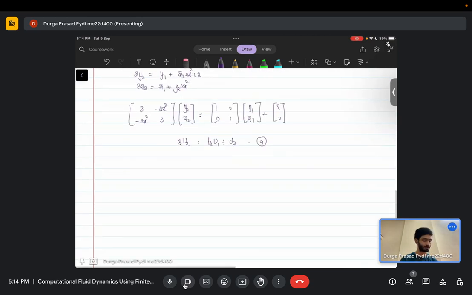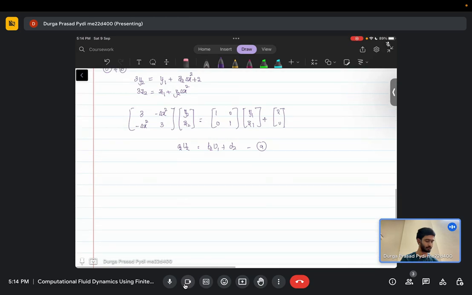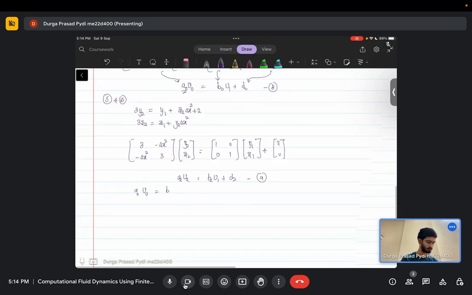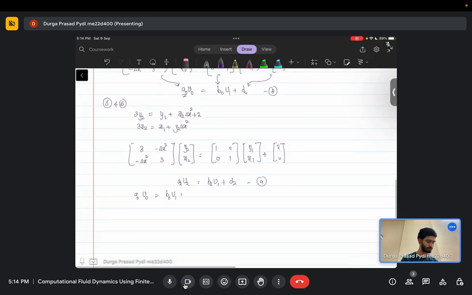Now we have equations 7, 8, 9 of our standard form: a0 u0 equals b0 u1 plus d0, then a1 u1 equals b1 u2 plus c1 u0 plus d1, and the last equation a2 u2 equals b2 u1 plus d2. Now this is in our standard TDMA form.